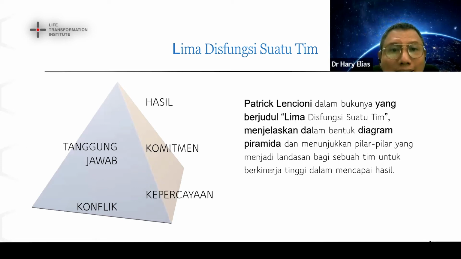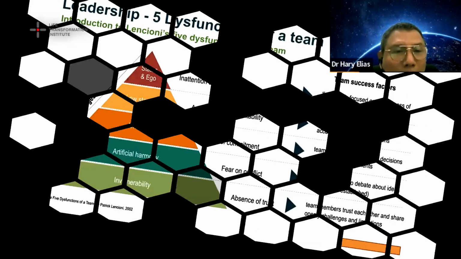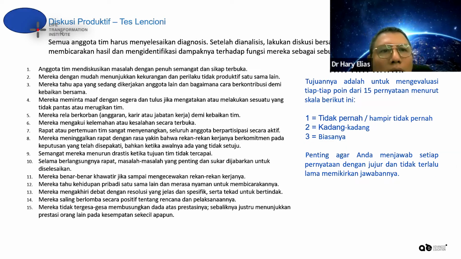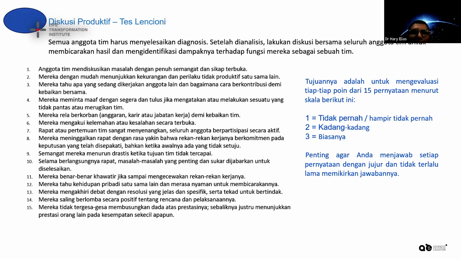Okay, so now let's go back again to the test. Now I'm going to minimize myself, and I hope that you can actually see the questions. Now this is a Lencioni test which I have translated into Bahasa Indonesia.